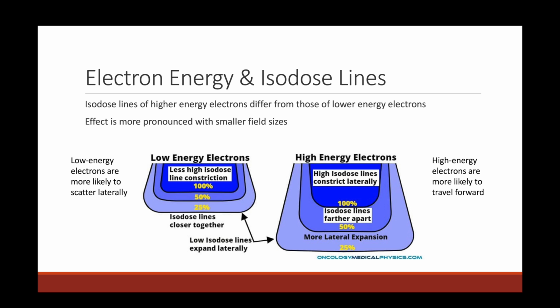So big takeaways here: for lower energy electrons, the high isodose lines splay out laterally, and the low dose lines end up constricting together. For high energy electrons, these electrons are more likely to travel forward, so we see less lateral movement of those high isodose lines. And then by the time we get to the low isodose lines, there's more lateral expansion, and the isodose lines are further apart due to range straggling.